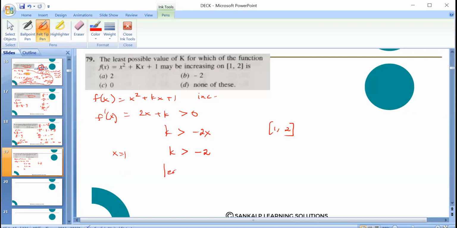So least value is -2. Option B. Next we go for question number 80.